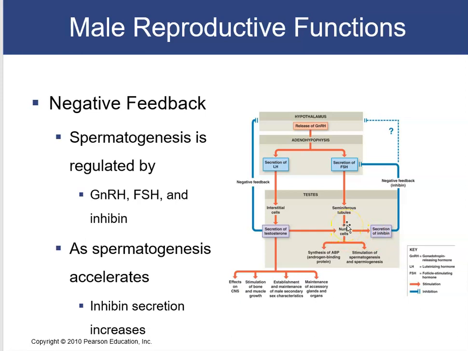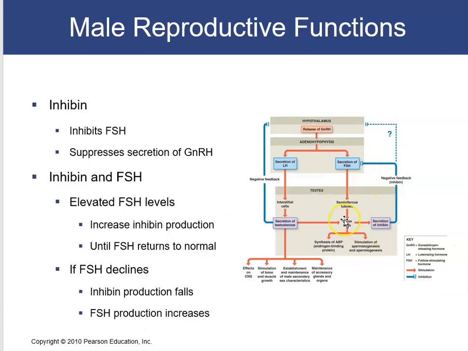So as the process of spermatogenesis accelerates, inhibin secretion will increase. And then what inhibin does comes around, negative feedback. It will inhibit FSH as well as suppress the secretion of gonadotropin-releasing hormone.